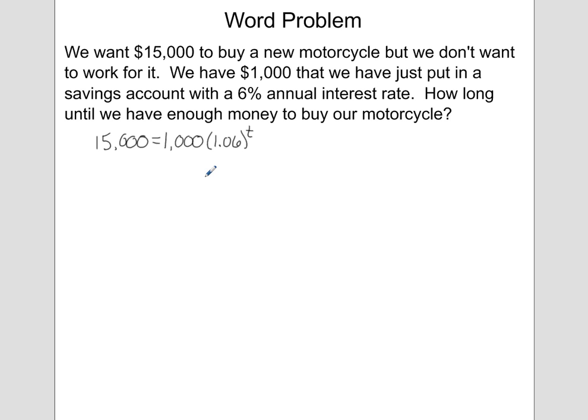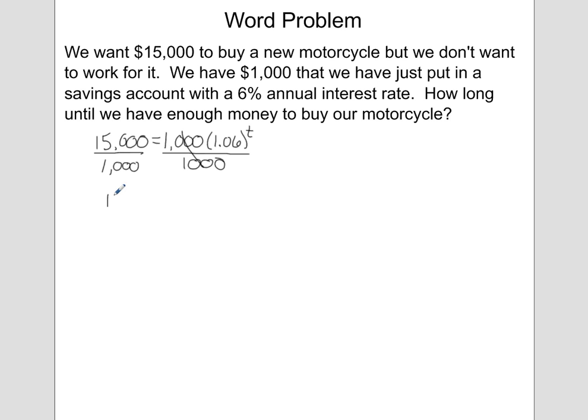So the first thing I would undo would be addition and subtraction, and then I would undo multiplication and division, then I would undo exponents. All right, so I want to undo this multiplication first by dividing both sides by 1,000.